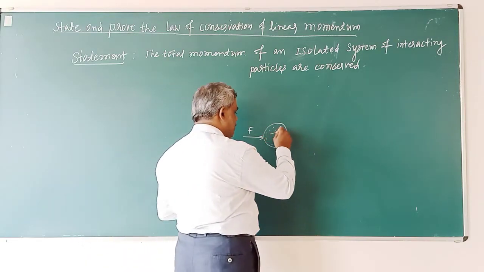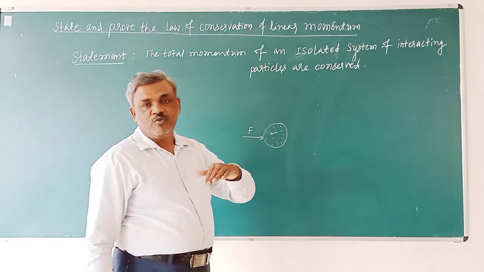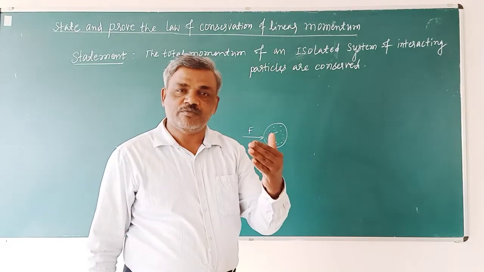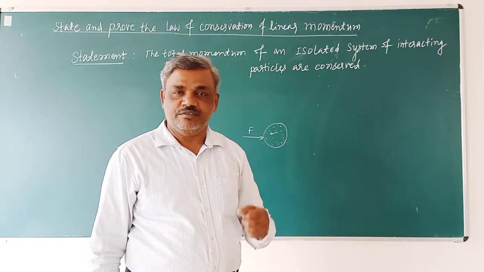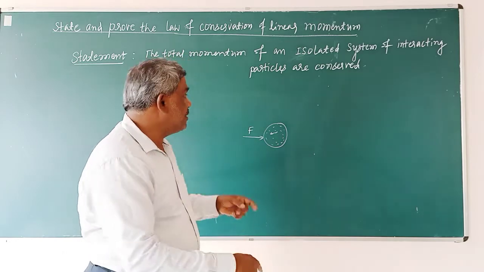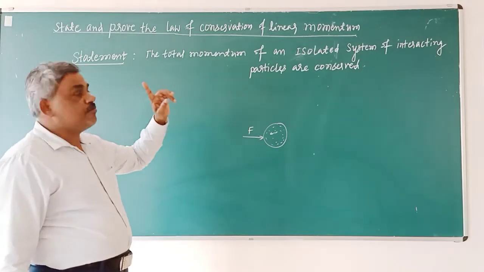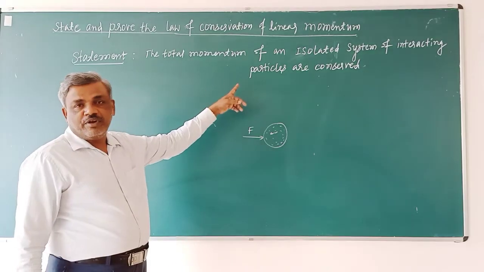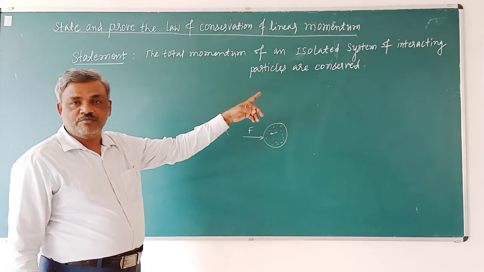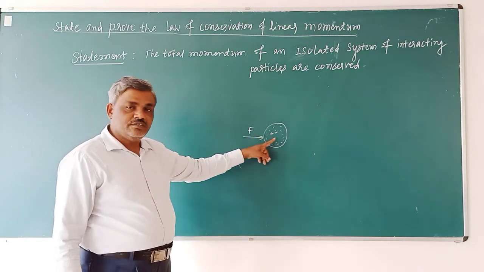The sum of the momentum of the particles before collision equals the sum after collision. So according to the statement of conservation of linear momentum, the total momentum of an isolated system of interacting particles is conserved.